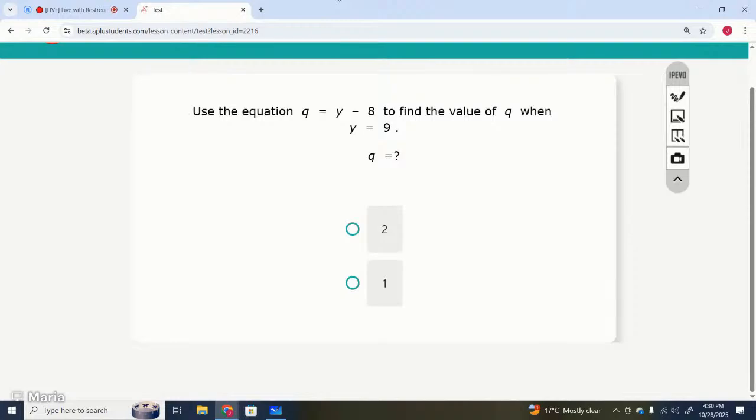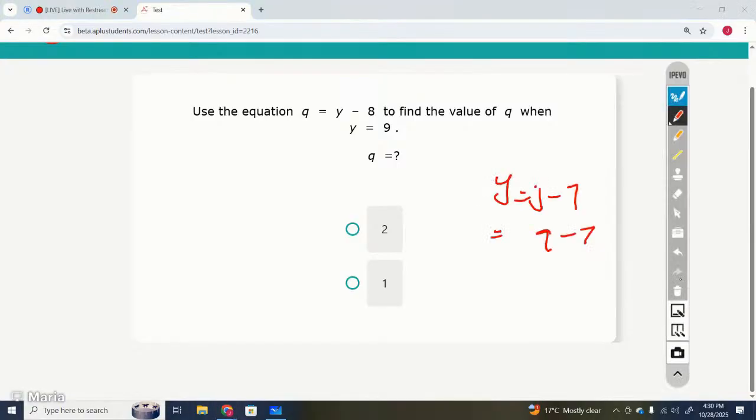Use the equation q equals y minus 8 to find the value of q when y equals 9. Q equals y minus 8. You are given y equals 9. So q equals y minus 8.